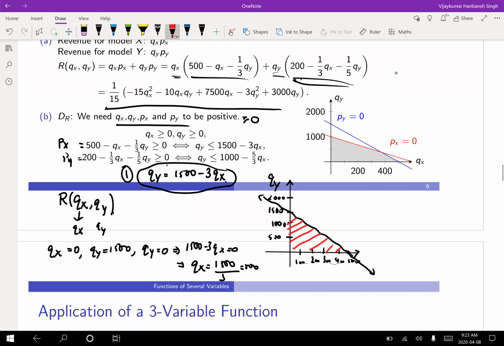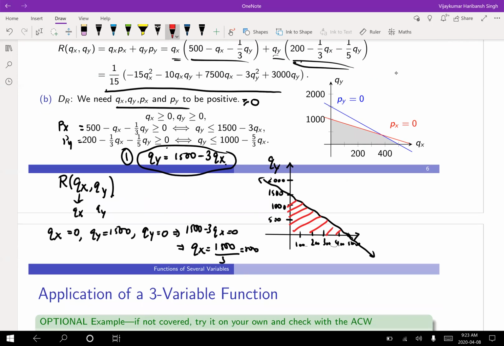So in that case, when you draw, first you'll draw QY equals 1000 minus 5 by 3 QX. Take QY as 0, then you will get 3000 divided by 5, right?